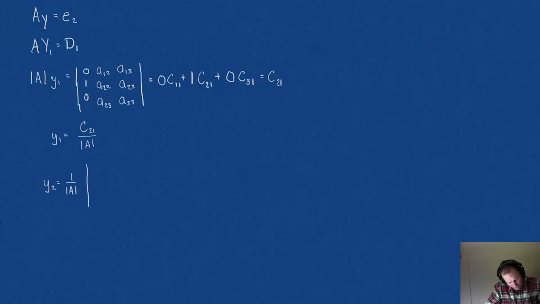Well, the matrix D2 is going to have the first column of A, A11, A12, A13. Then E2 will now be in the second column, so 0, 1, 0. And then we're going to have A13, A23, A33.